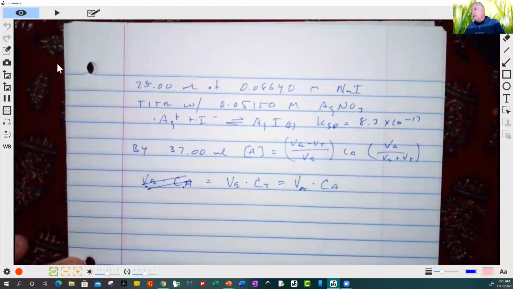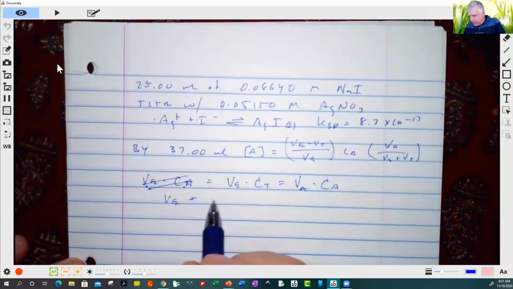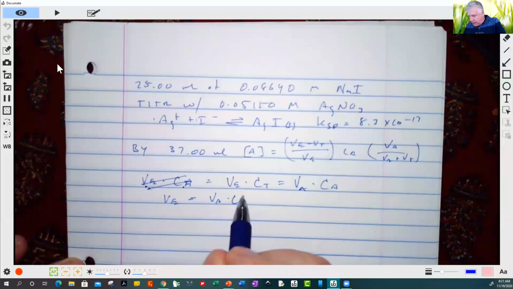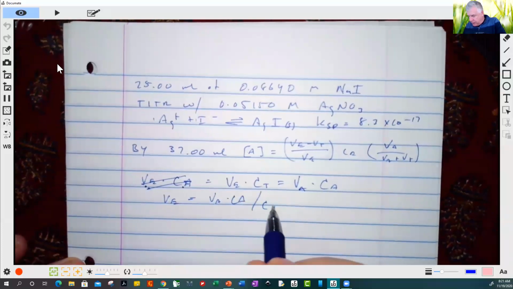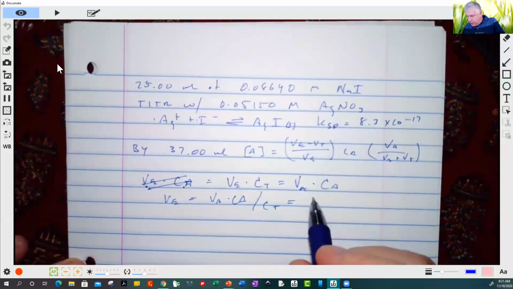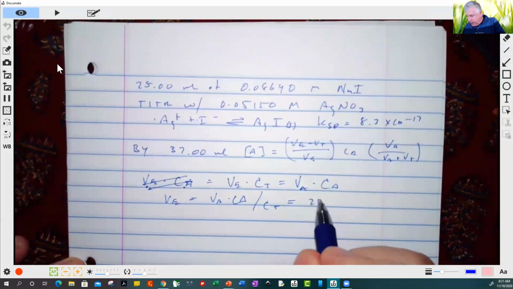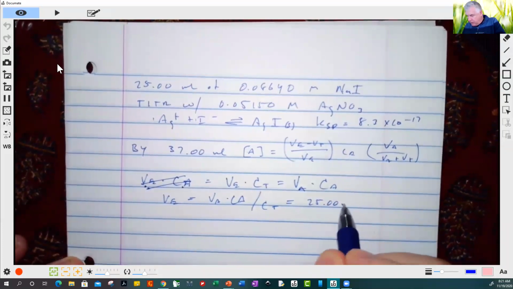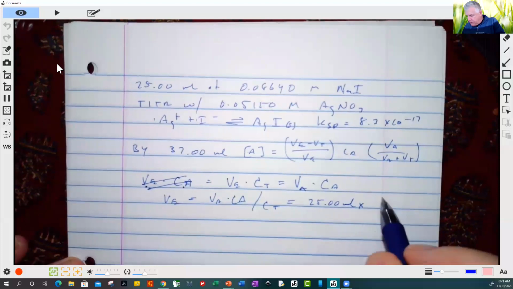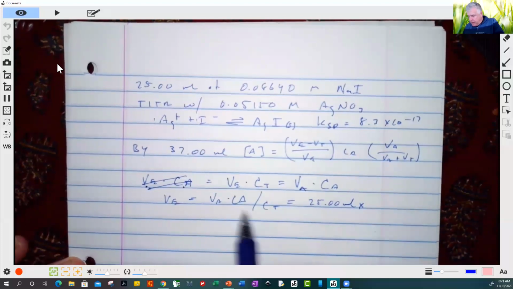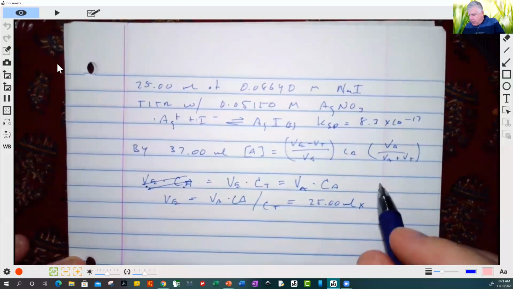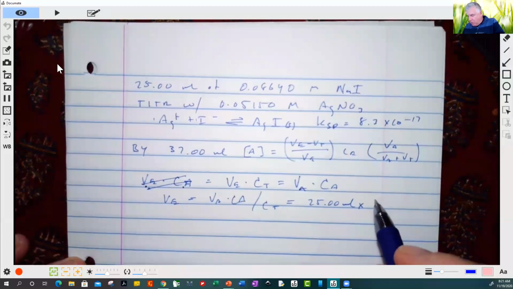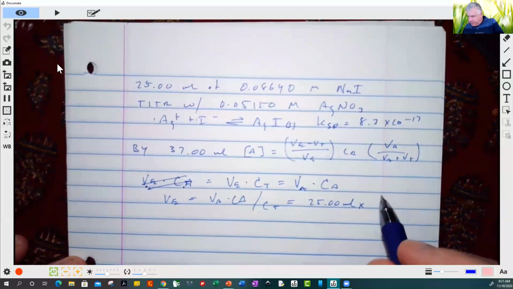And let's see here. So we have got VE here will equal VA times CA over CT, which will equal 25 milliliters times, now CA over CT, I can do those in millimoles per milliliter, right?